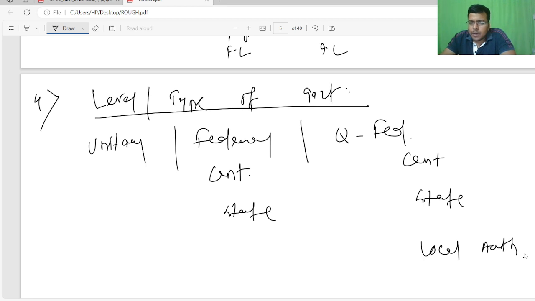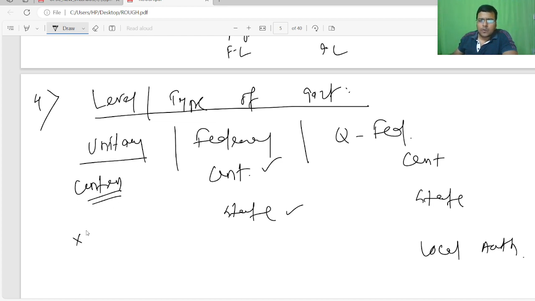Power of national government, power of state government. In a unitary feature, there is only a center, no state. So yes, the constitutions of France, UK, Germany, mostly European countries, promote a unitary type of government. Canada, India, quasi-federal, USA federal.